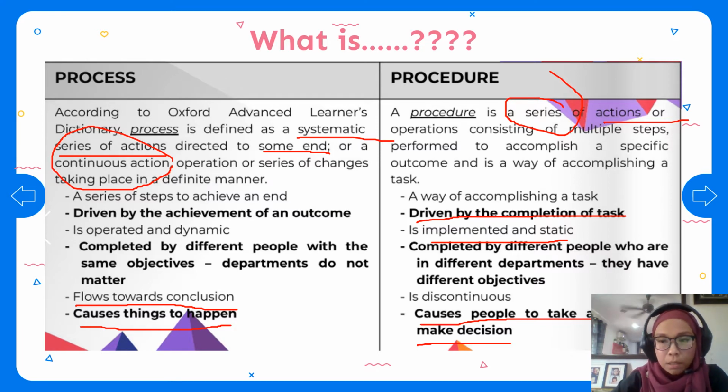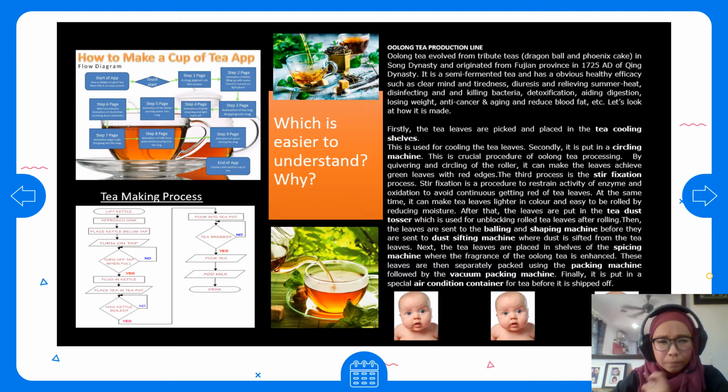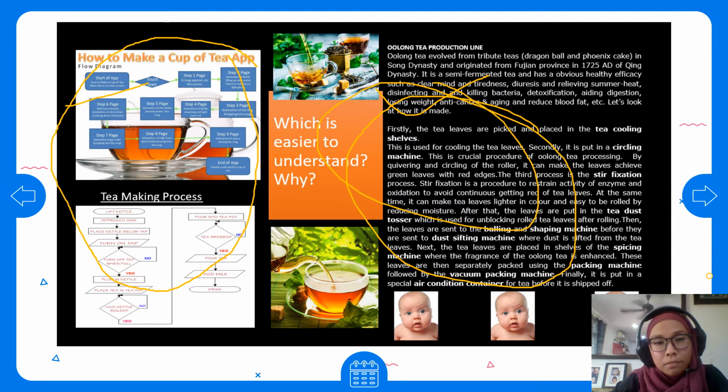Next one. Between this flow chart and this passage, which one is easier for you to understand? Of course, the one that has a picture. And I know you don't like too many words because you are too lazy to read.